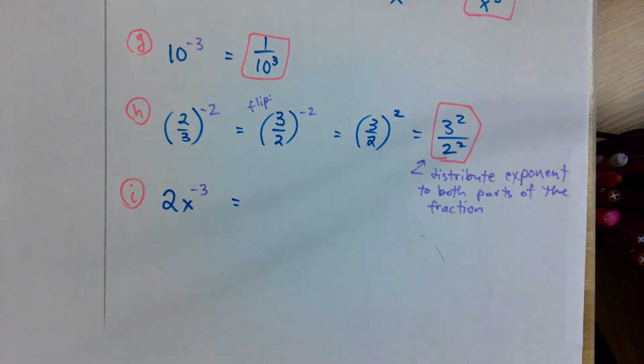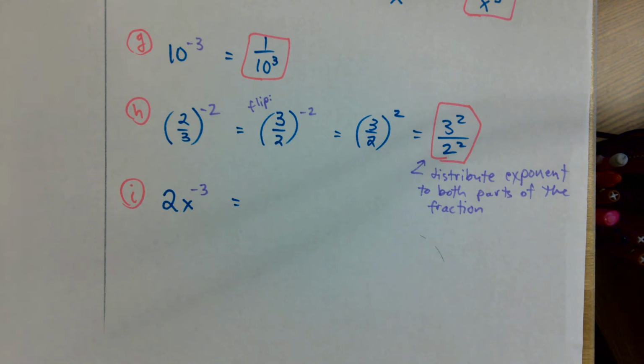Now we're getting a little bit complicated. Take a look at example H and example I. Is there anything super different about H and I that we notice? Is there anything missing in I that's present in H?